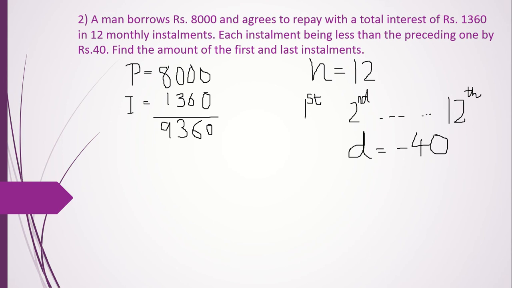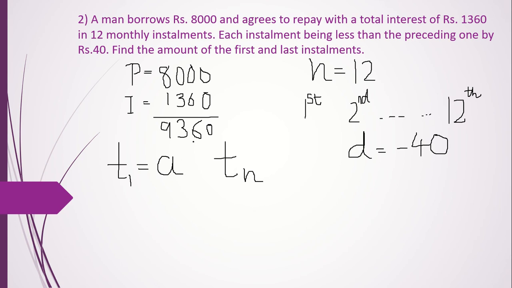The installment is not going to increase. Each installment being less than the preceding one by 40. Find the amount of first and the last installment. So first installment would be T1, called a, and the last installment is Tn.